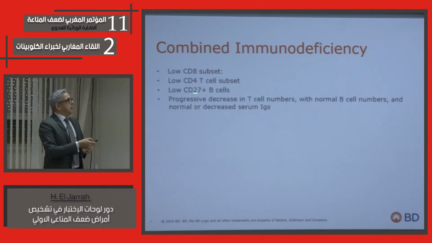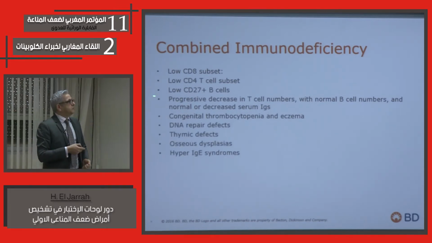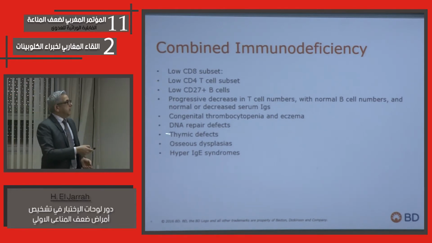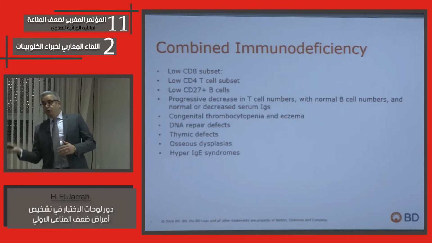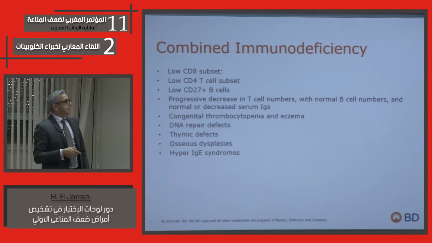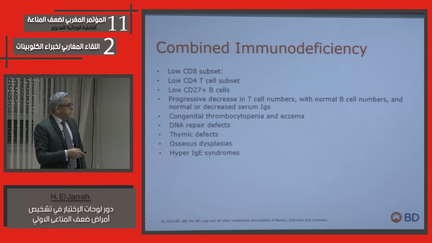And they, of course, have issues with CD8 subsets or CD4 subsets, or the complete absence of T cells, low CD27 positive B cells, progressive decrease in T cell numbers with normal B cells, sometimes with NK cells, sometimes without. Congenital thrombocytopenia and eczema could be a result of or associated with DNA repair defects, thymic defects, hyper IgE syndrome.